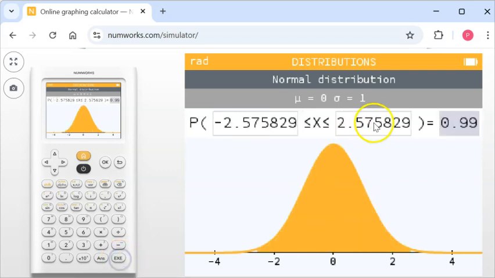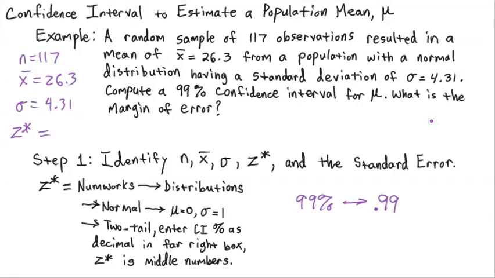Enter, and the number we need is right here. It's 2.575829. So z star is 2.575829.